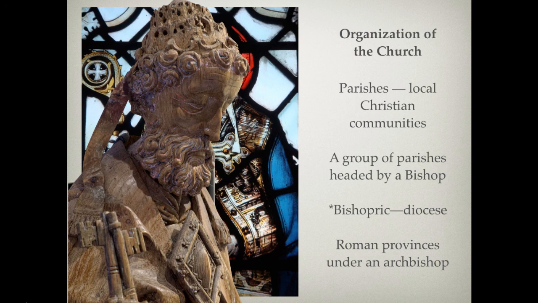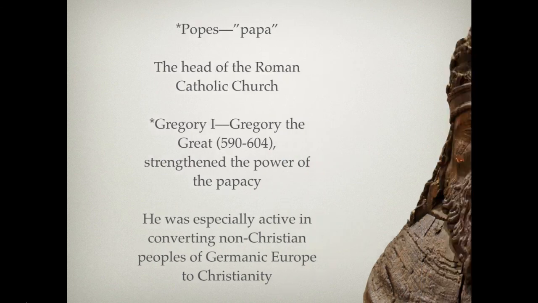And this, of course, is a Roman province controlled by an archbishop. So you can see the hierarchical layers that emerged. You would have parishes forming bishoprics, and bishoprics forming provinces that would be overseen by archbishops. And this was the means by which the Catholic Church was able to organize itself properly.